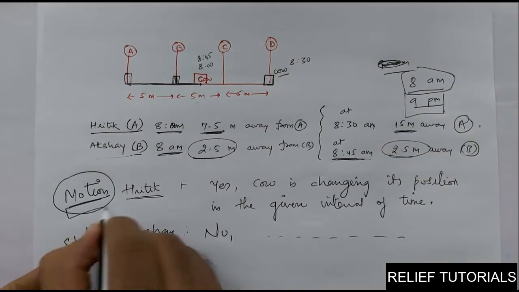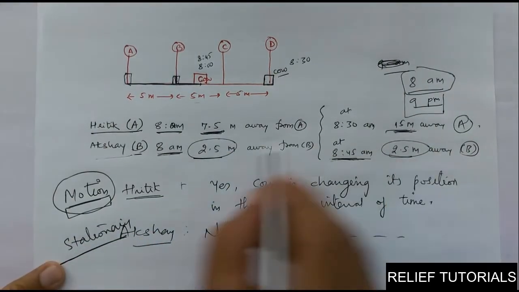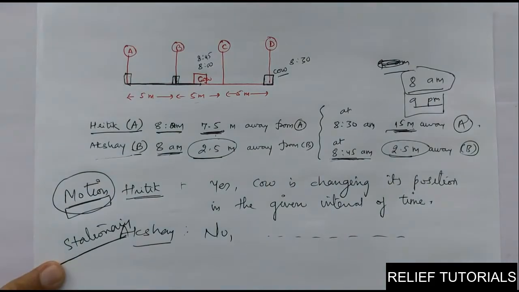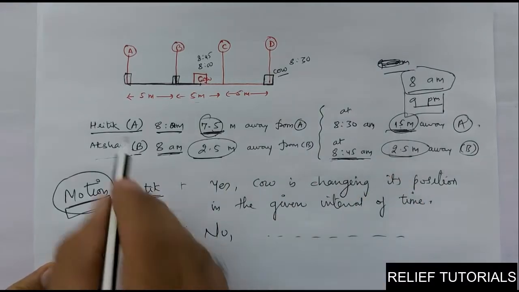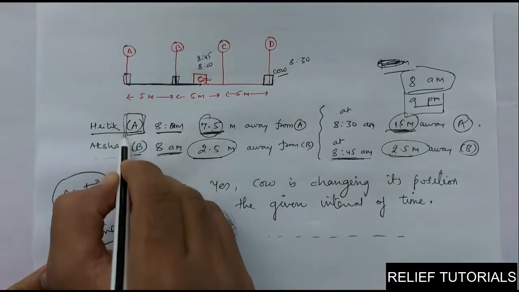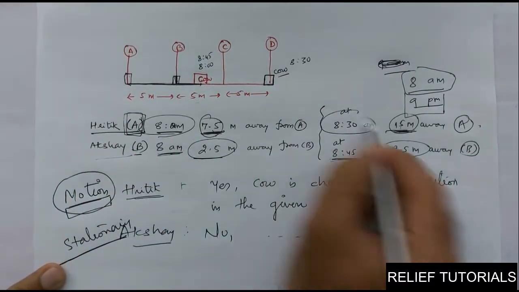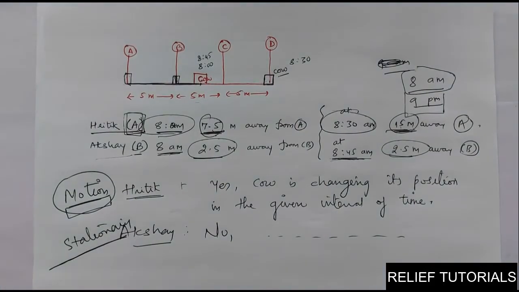When the substance, or object, or living body or non-living body, whatever, is changing its position with respect to a reference point and with respect to the given interval of time, then only we can say the substance is in motion. If you observe that the substance is at the same place according to your decided interval of time, the substance is stationary. You have to answer that it is stationary.